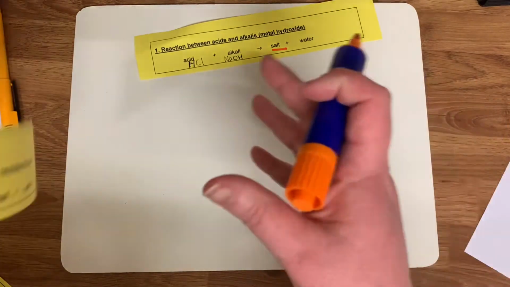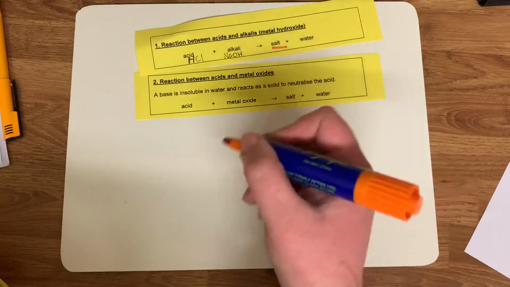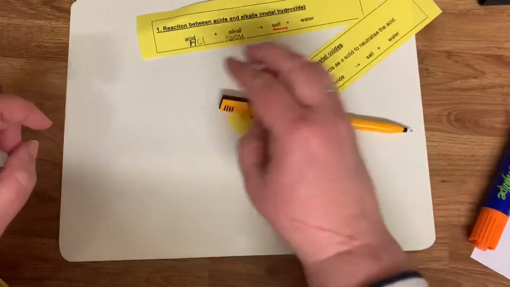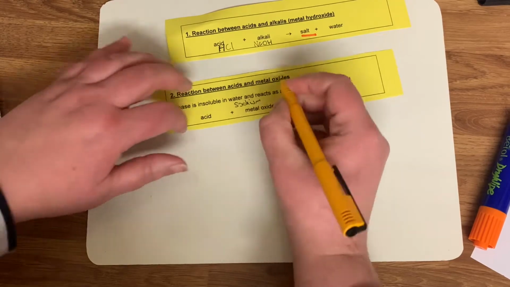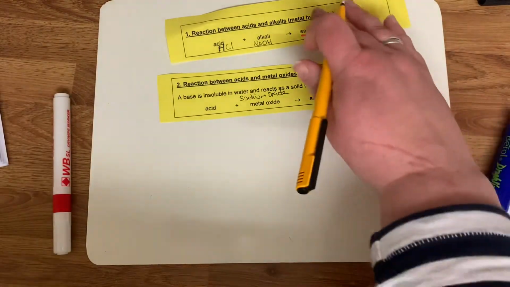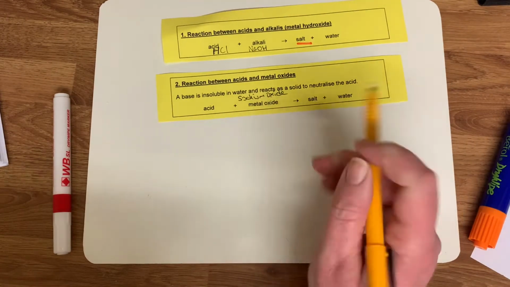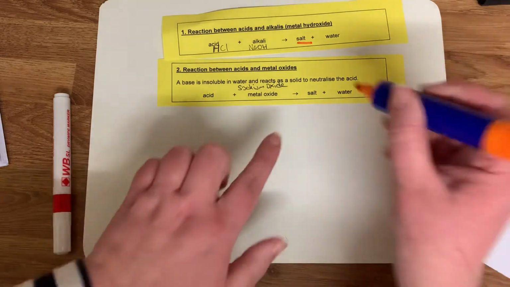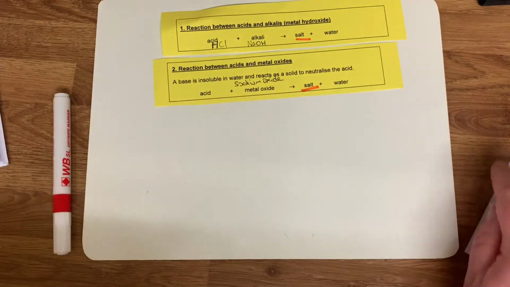If we have an acid plus a metal oxide, for example sodium oxide, magnesium oxide, potassium oxide, or zinc oxide, it's the name of the metal plus oxide after it.